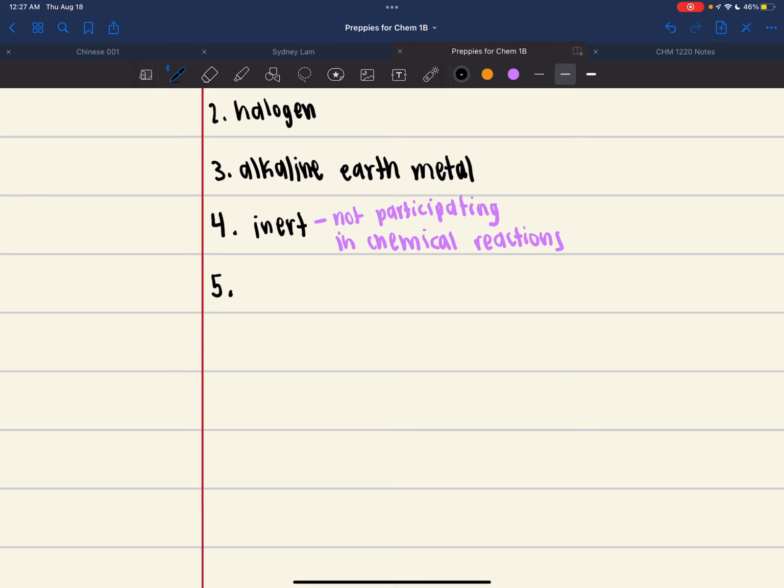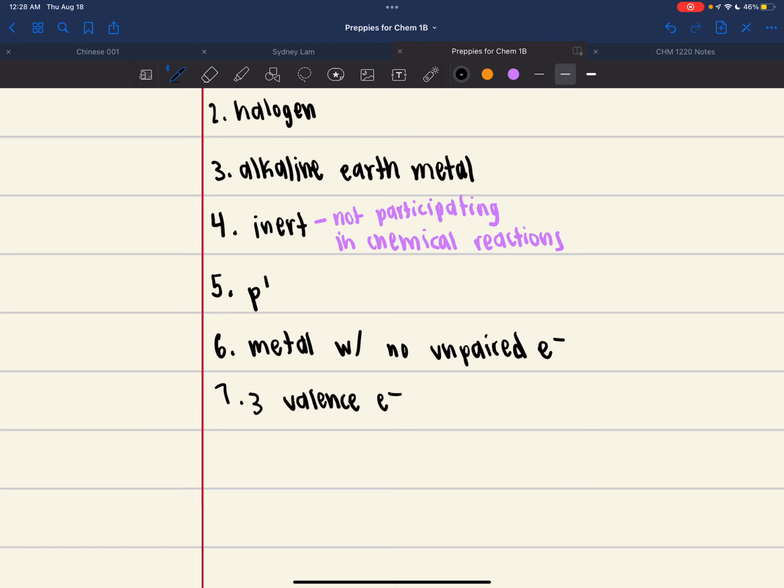Which one is in sublevel P1? It could be any energy level, just the sublevel has to be P, and it has to have only one electron in it. Which one is a metal with no unpaired electron? Which one has 3 valence electrons? Which one has the largest radius?